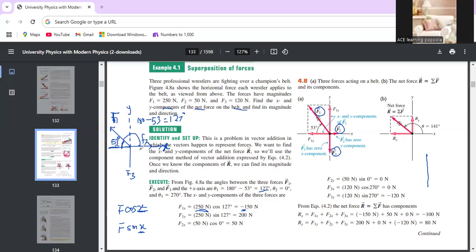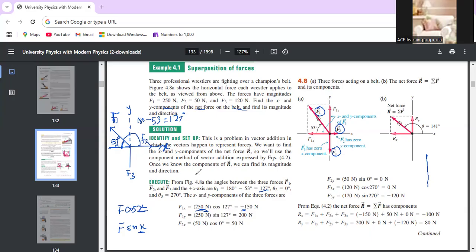Now, for the second vector, as you can see, it already coincides with the x-axis, so it lies on top of it. This means the angle between that force and the horizontal axis is 0.